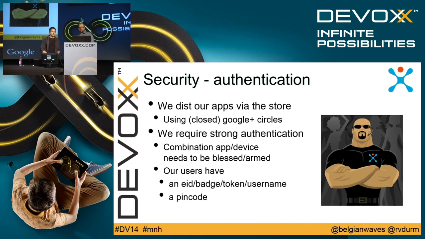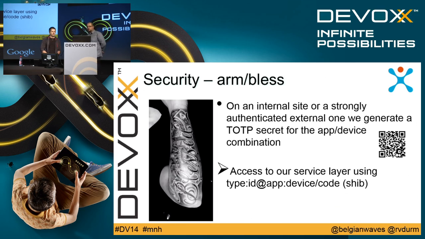Once the software is going to run, actually nothing happens. The software says your combination of device and application is not blessed by the Nexuz Health joint venture. The blessing must be done on our internal network or on another external network where the user is strongly authenticated.